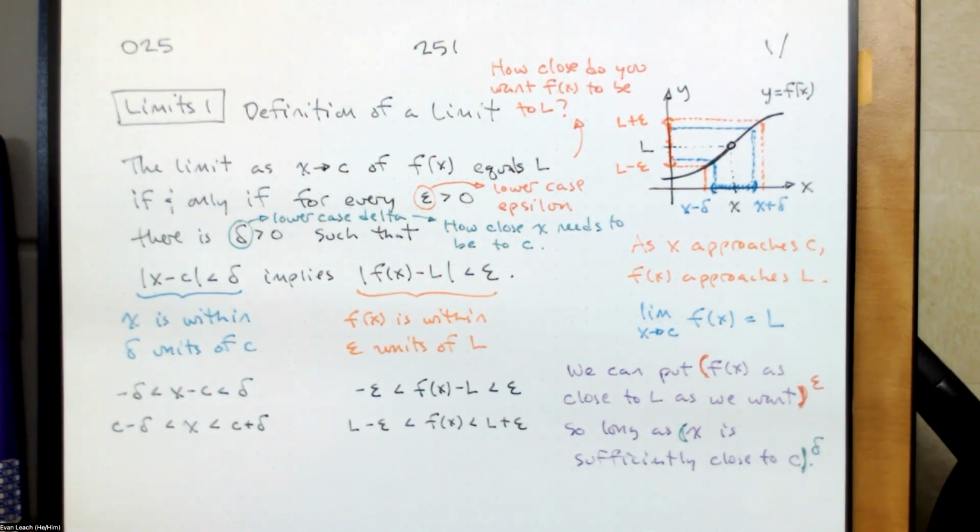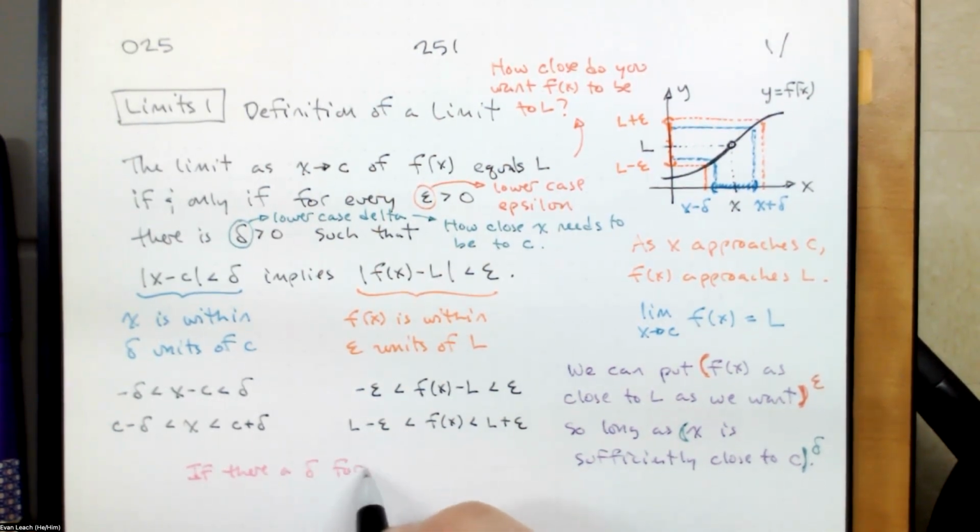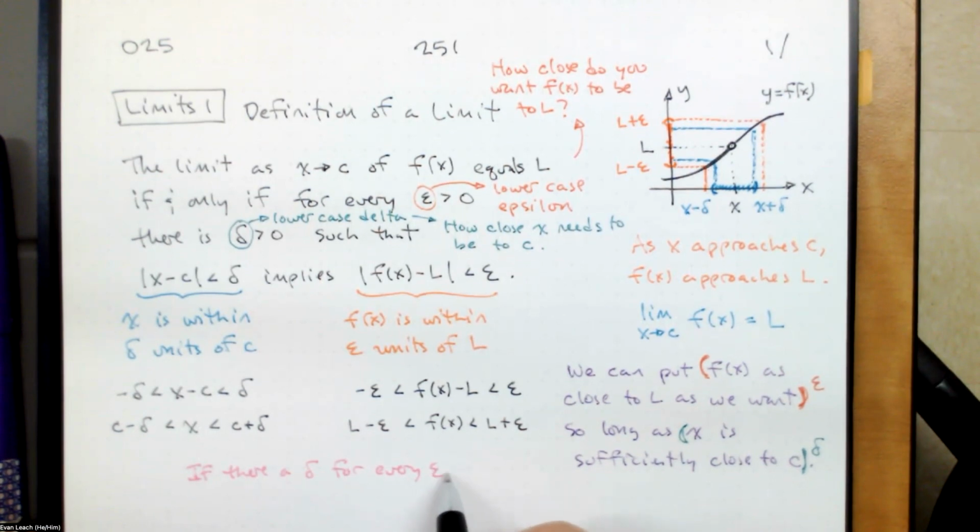The question is, for a given epsilon, is there a delta? Is there a delta for every epsilon?